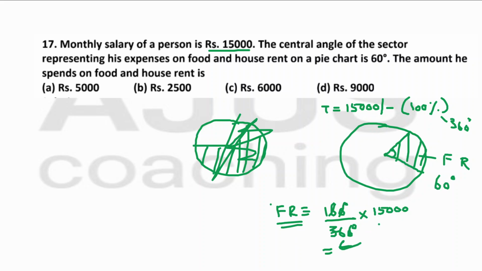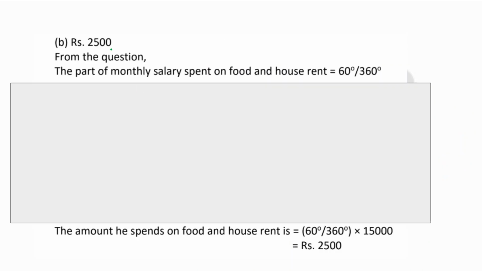So this is 15,000 by 6. 2 3s are 6 and 5 3s are 15, 0 0 0, and 1 2s are 2, so 2,500. Okay, so your right option should be rupees 2,500. Okay, please correct your solution.